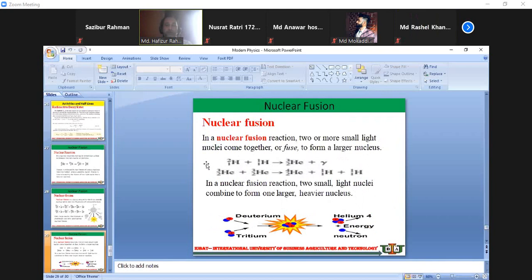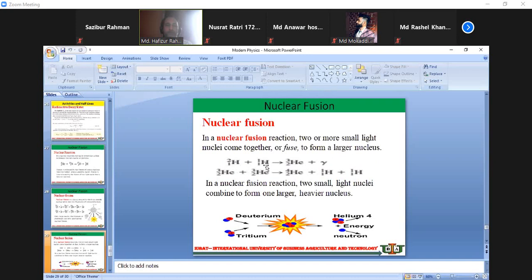Here, 2 small nuclei collide with each other. This one is deuterium, an isotope of hydrogen, and this is tritium.